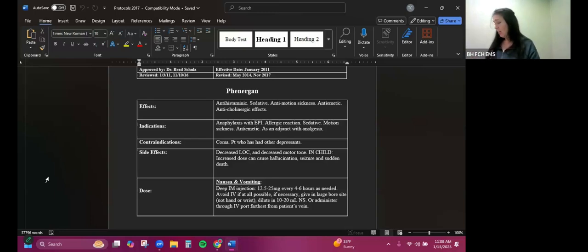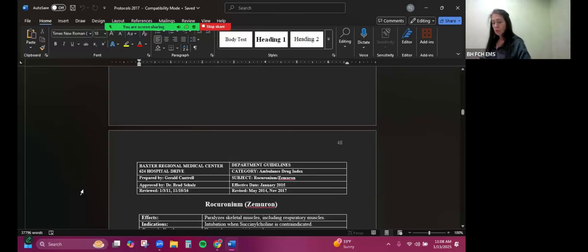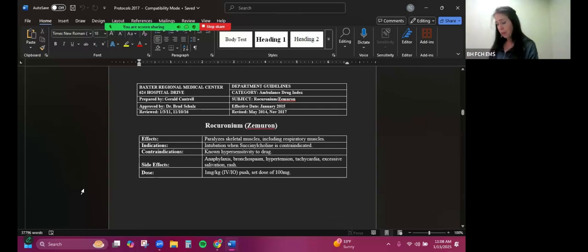Fentanyl, we're all familiar with. We've already talked about it. We're going to move on to rocuronium. Rocuronium is a new one. It's used for paralyzing skeletal muscles, including respiratory muscles, when we're doing intubations and succinylcholine is contraindicated. So you want to use that.